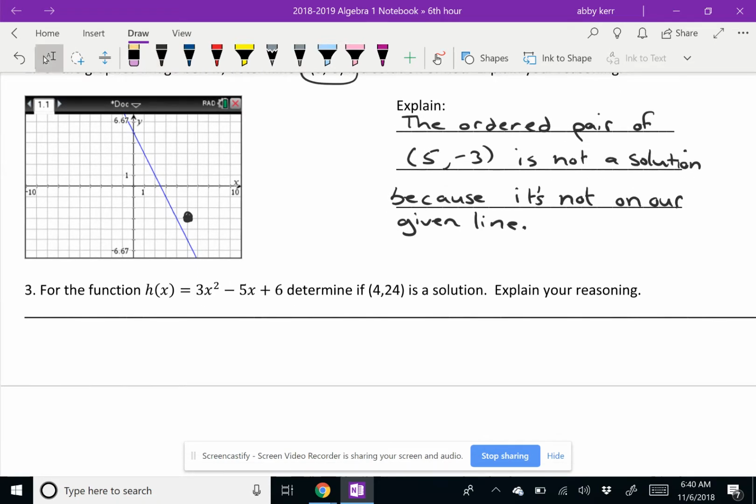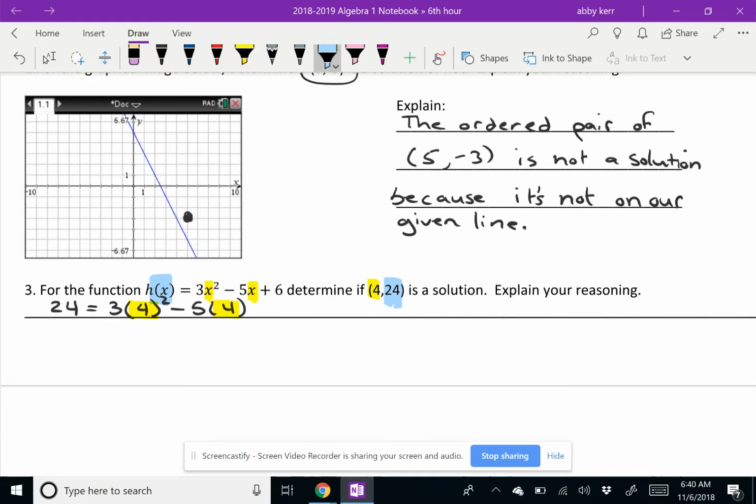Now for number 3, different problem, different situation, but it's very similar to number 1 of this learning target. You have 2 x's that you have to plug the 4 into, and you're going to plug the 24 into your y value. So you're going to put 24 equals 3 times 4 squared, minus 5 times 4.